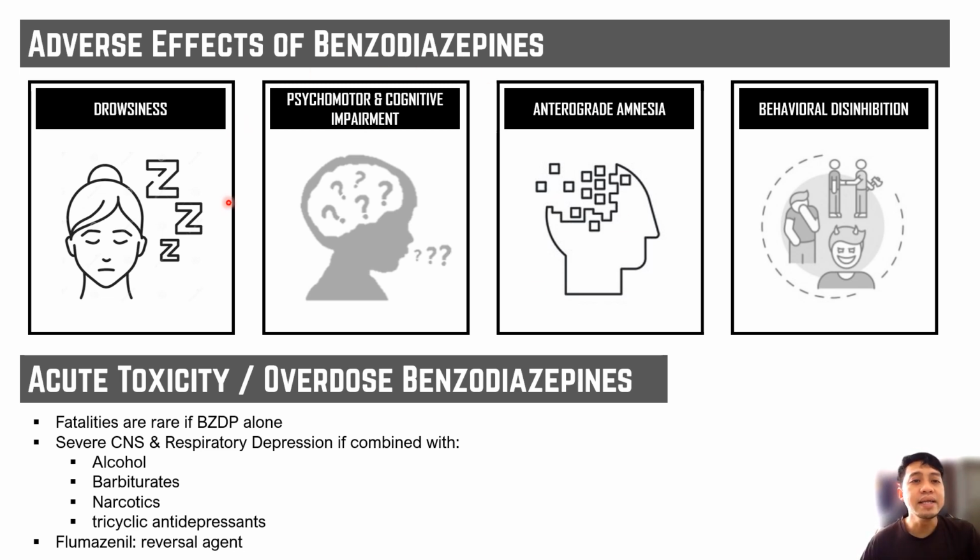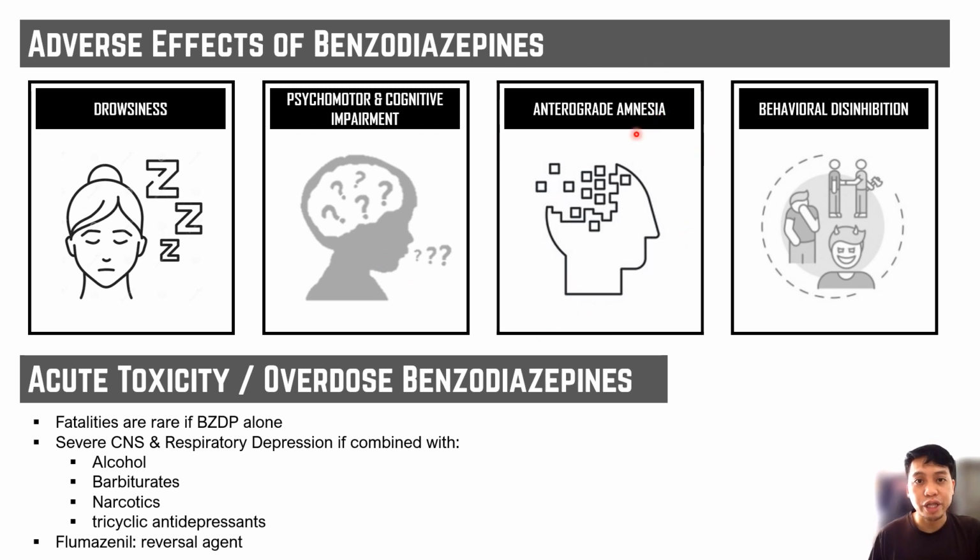Other than that, it will cause psychomotor as well as cognitive impairment, which leads to loss of coordination and decreased attention. So, when you counsel a patient on benzodiazepine, bear in mind these two adverse effects. You should advise them not to drink alcohol, which can worsen the side effect profile of benzodiazepine. Besides that, you should also advise them not to drive while on this medication, which can cause them to lack the ability to pay attention and focus, which can be dangerous to them or to other people.